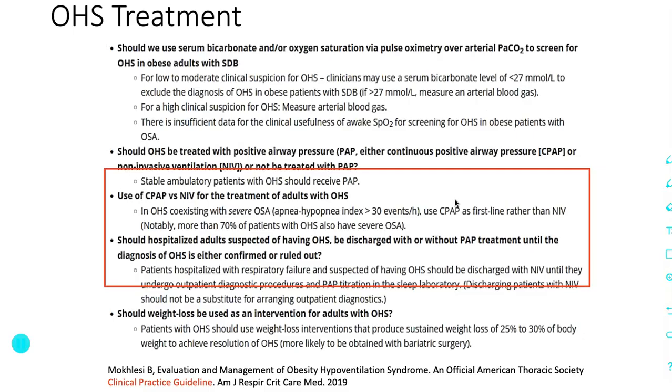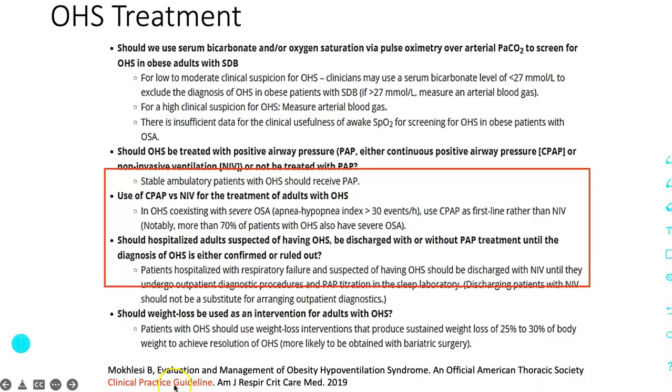So we know the hypoventilations include many disorders like obesity hypoventilation, neuromuscular disorders, or congenital central alveolar hypoventilation, etc. The treatment of obesity hypoventilation is slightly different from the other hypoventilation disorders.